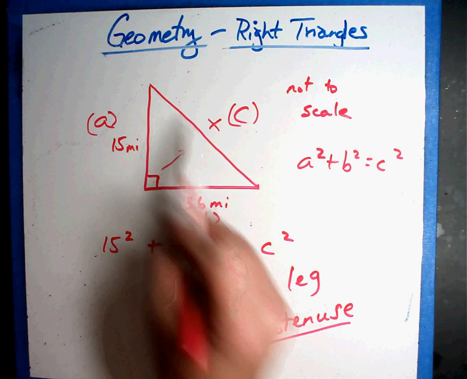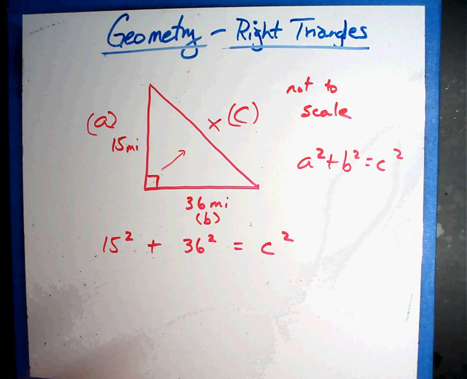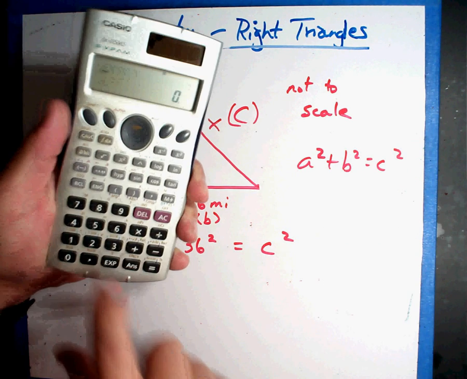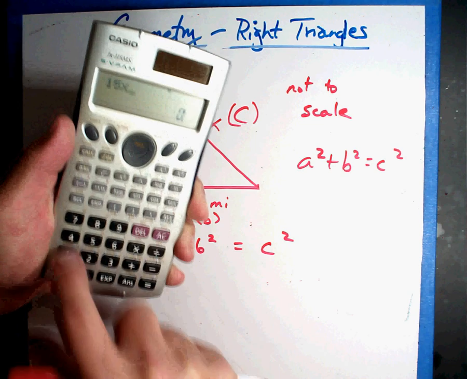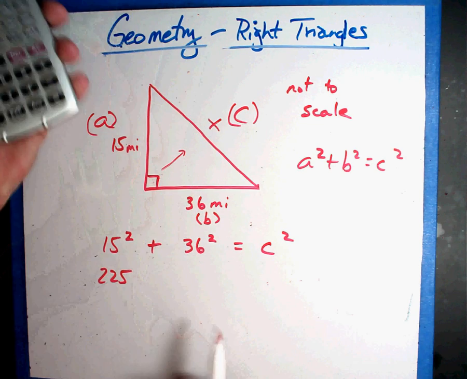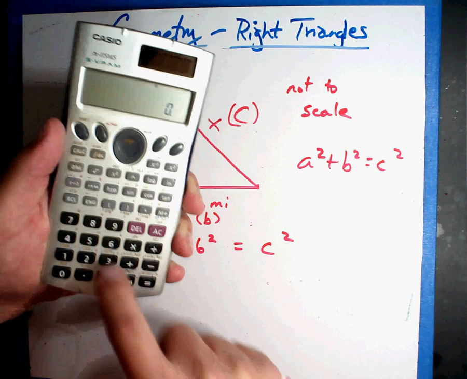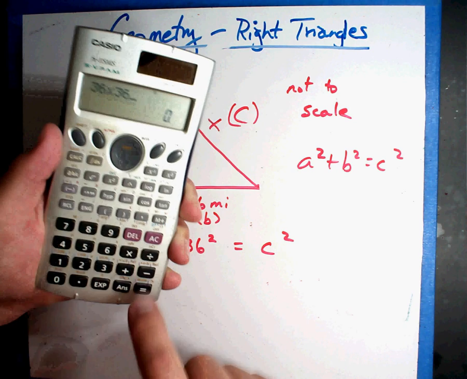So let's see if we can calculate this real quick. Well, I'm going to take my calculator, and I'm going to take 15 times 15, which is 15 squared, and that's 225. And then I'm going to clear my calculator, 36 times 36.